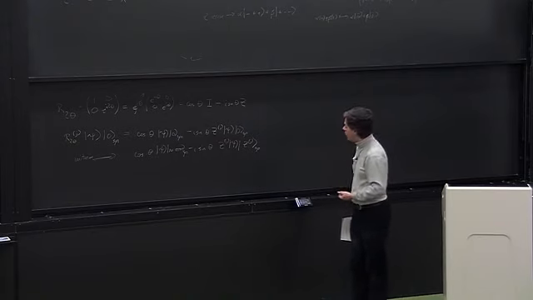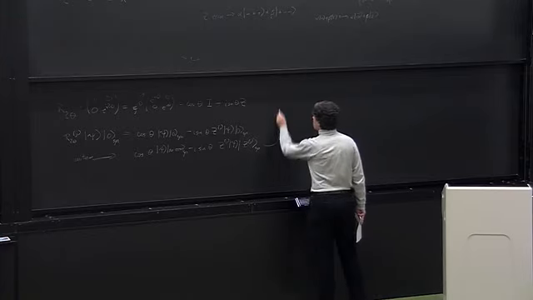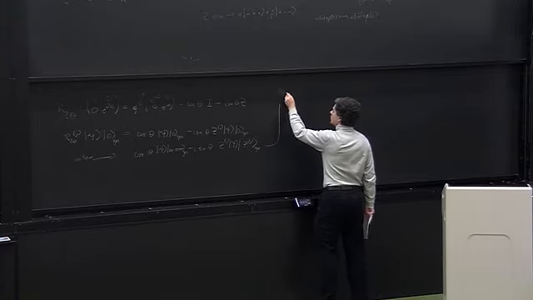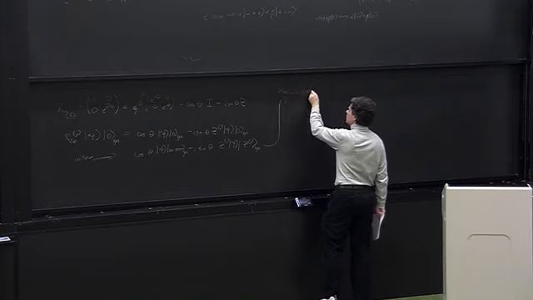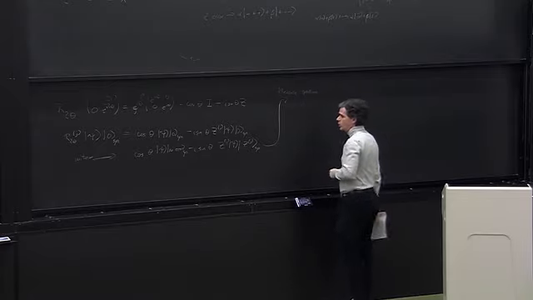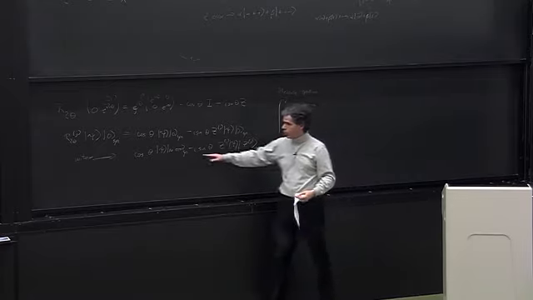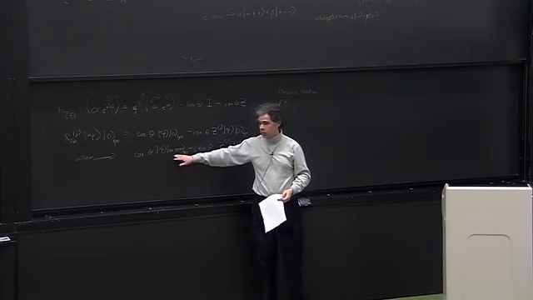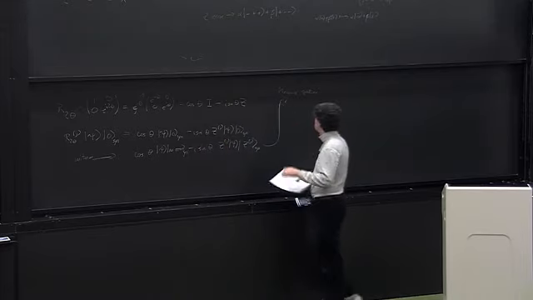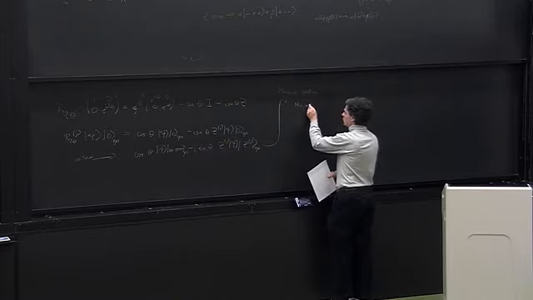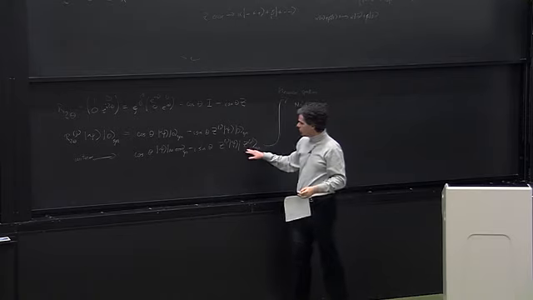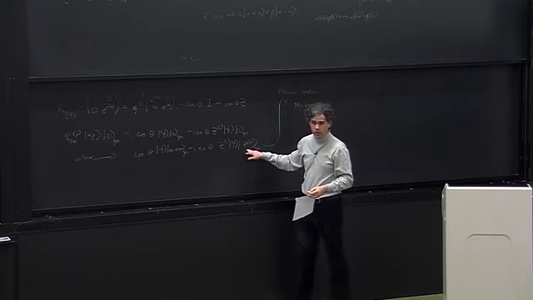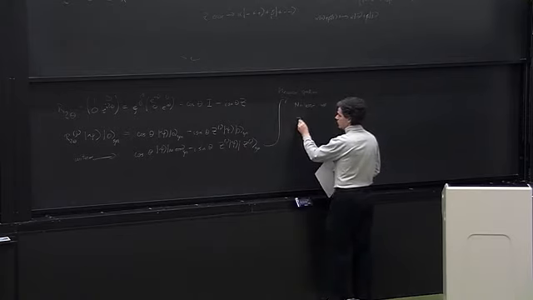OK, so now the next step is to measure. And so what do we get? Well, for this state, there's 2 possibilities, right? So one possibility is that we'll see the error syndrome no error. And the other possibility is that we'll see the error syndrome that's Zj.